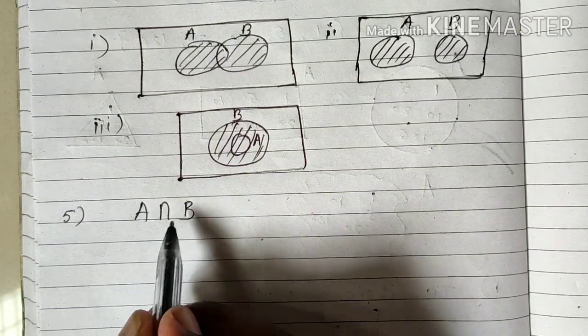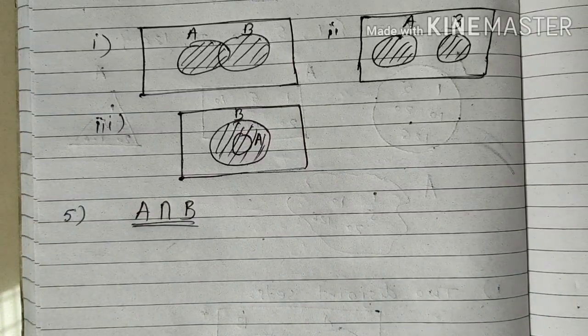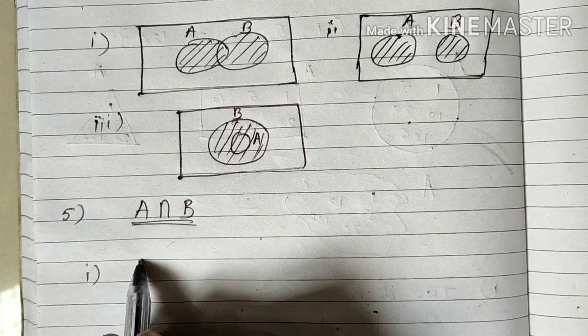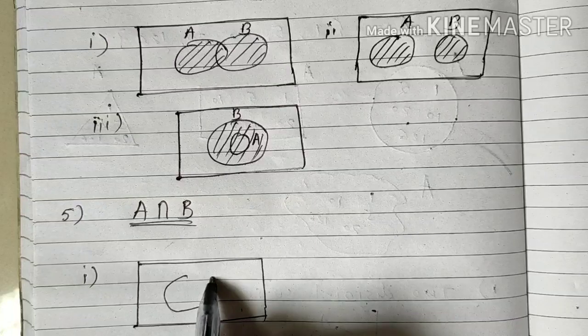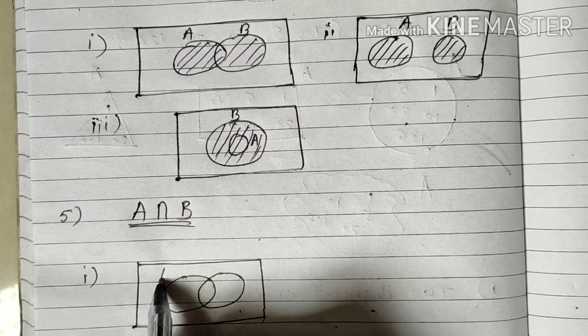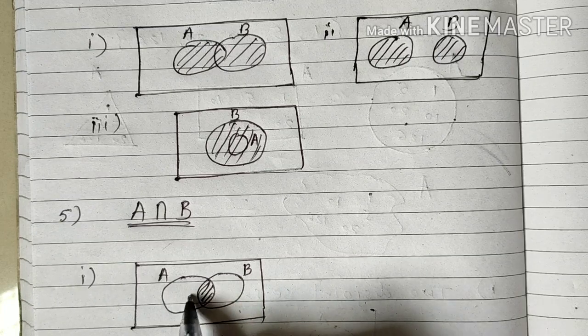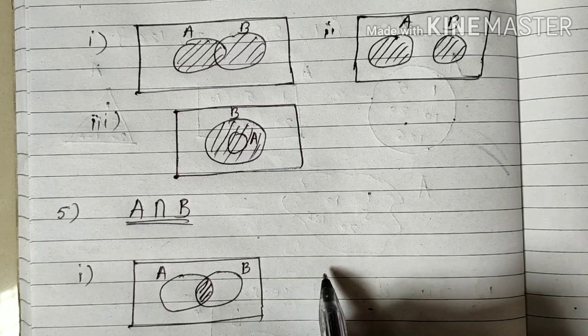If we want to show the intersection of two sets using the Venn diagram, first, in case the two sets are joint sets, then we can represent A intersection B like this. Intersection means what? Common portion between A and B. Correct?